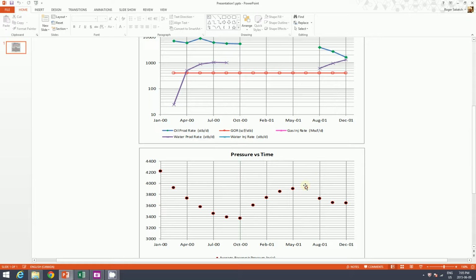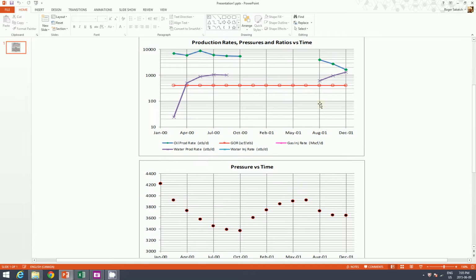The measured pressures are rising, and that's due to a response and influx of water from the aquifer, which is causing that rise in pressure. And then once the production starts up again, pressures continue to drop off. Okay, so we're going to analyze that data with the material balance spreadsheet.